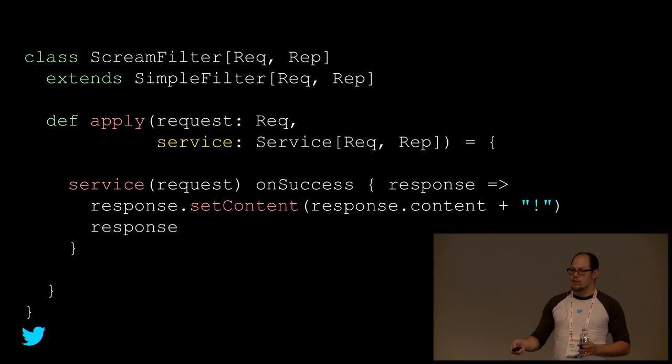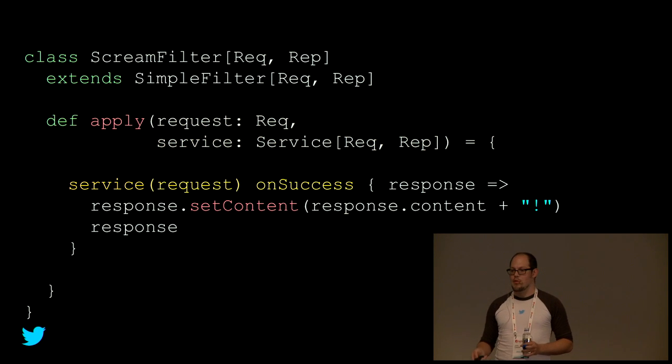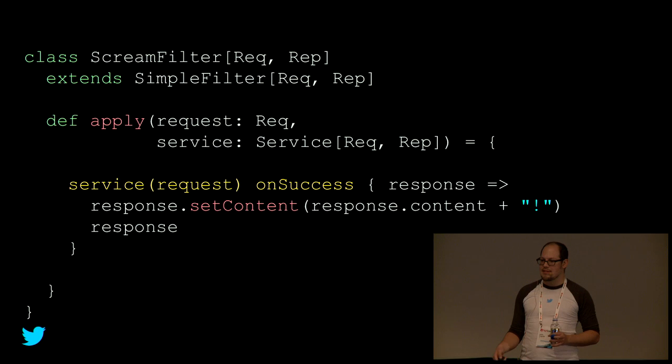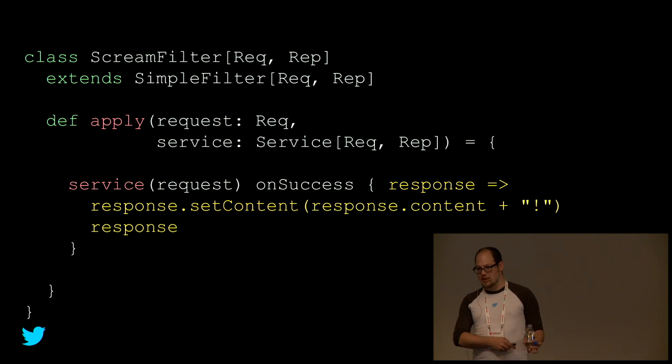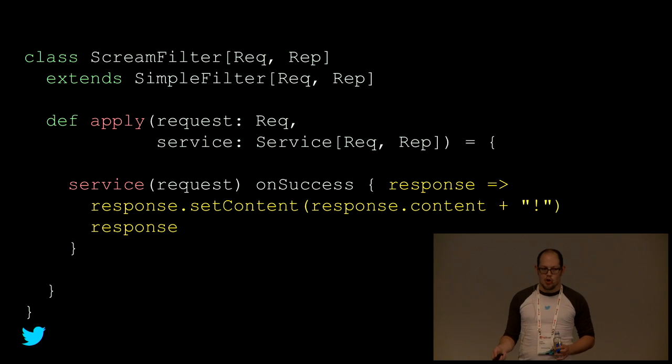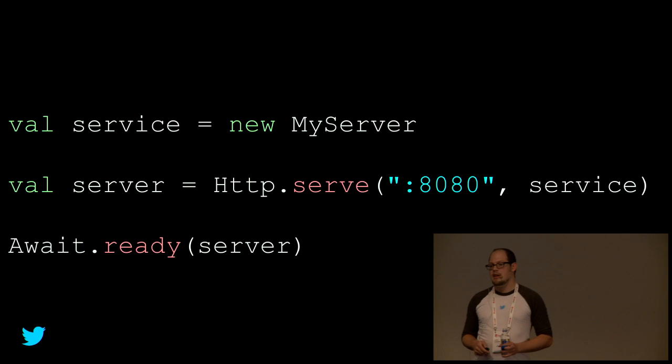And so here we have the service passed in. We just apply the service with the request like we've been seeing in our examples. And then when that succeeds, we're going to set the content of the response that we received before, plus the exclamation point, and then return that. If you recall, a service returns a future response. So because this returns a future response, we can just return it, and it satisfies the type contract.